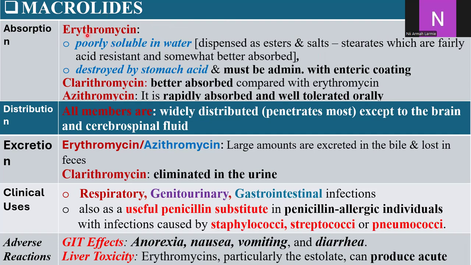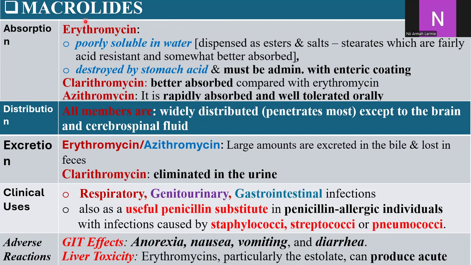Also, they use enteric coating as a way to protect the molecule erythromycin as it goes through the GI tract, because without the enteric coating, the drug is usually destroyed by the acid in the stomach. And therefore, the drug has to be administered with the enteric coating.